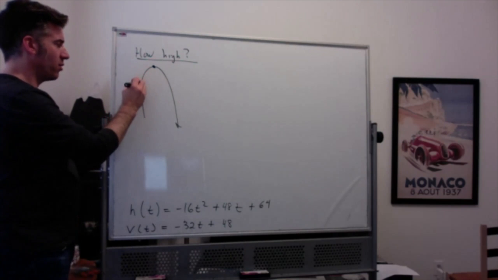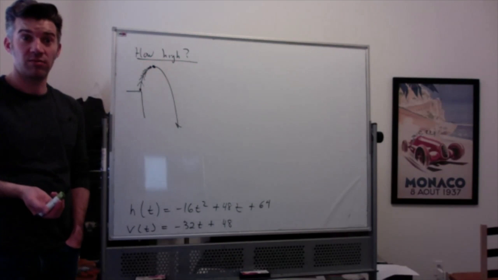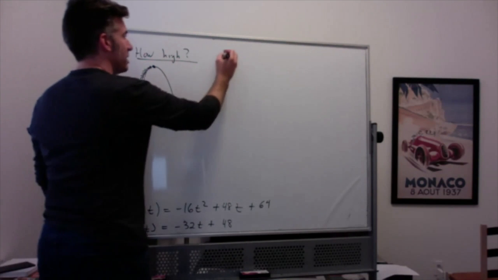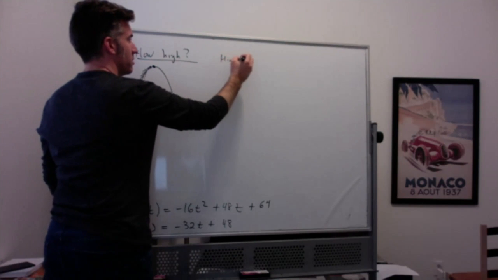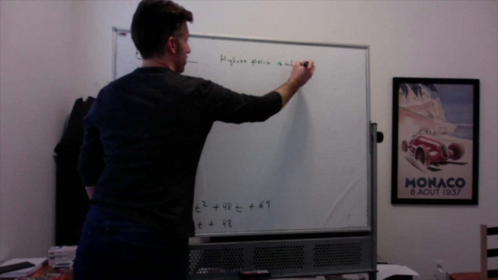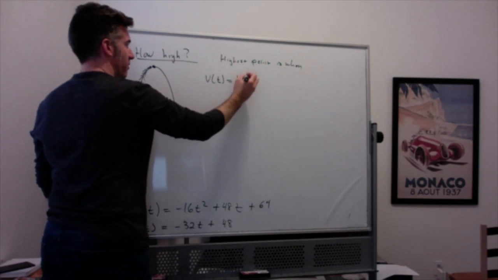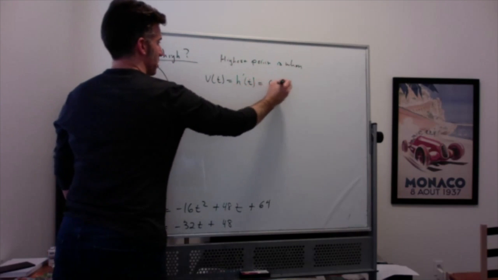And we can see that the rock is going up, but it's slowing down, right? Until right there, the velocity is 0. So the highest point is when the velocity, which is the derivative of position, is equal to 0.